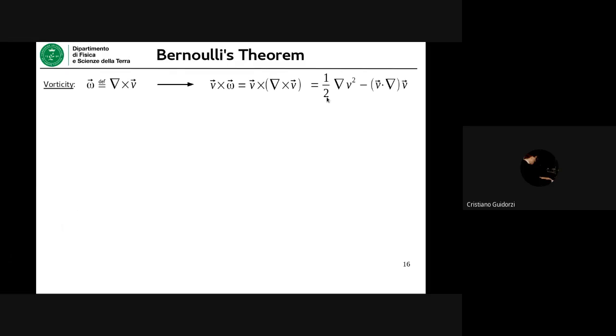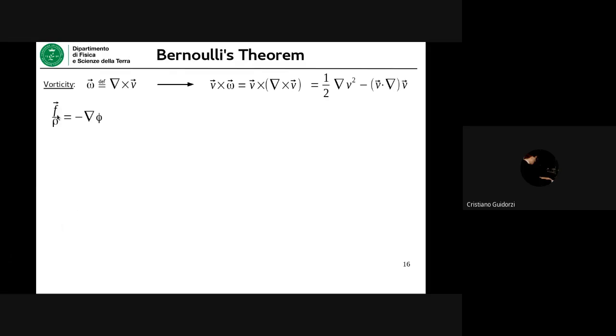Having seen that, we consider F, as I told you before, the force acting per unit volume. Let's consider a conservative field. In particular, if you divide F over rho, where F is the force per unit volume, by the amount of mass that you have in the unit volume, which is rho, the density, this is the force acting per unit mass.